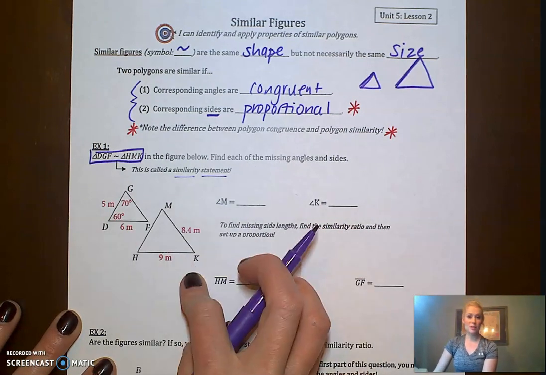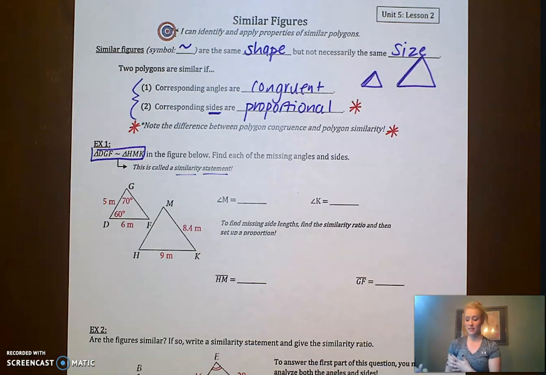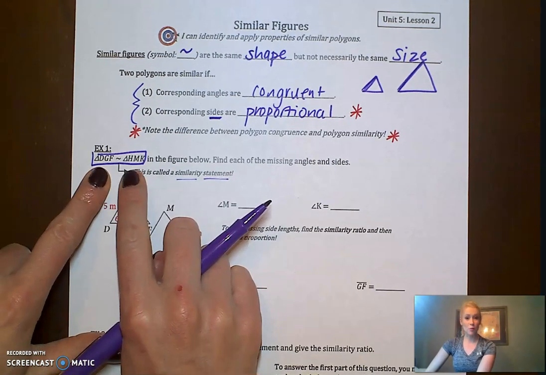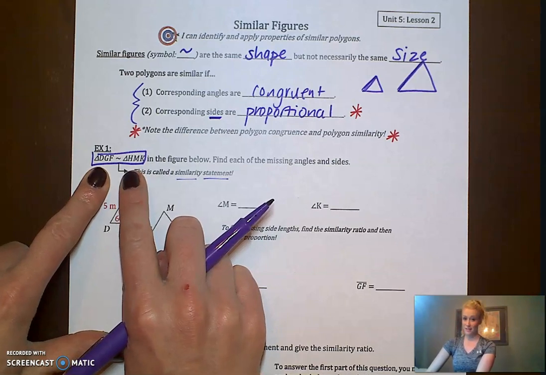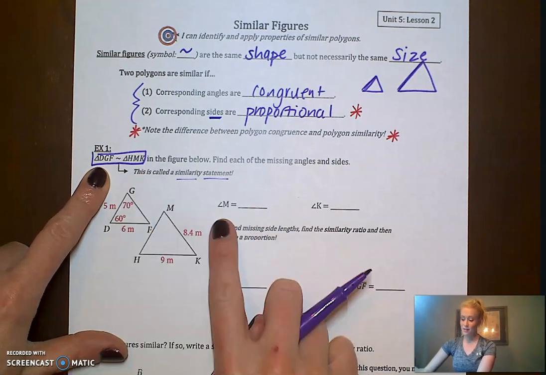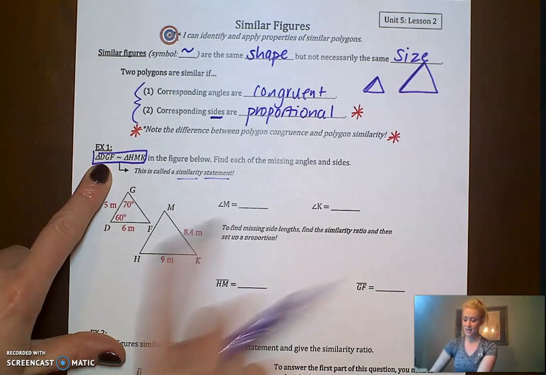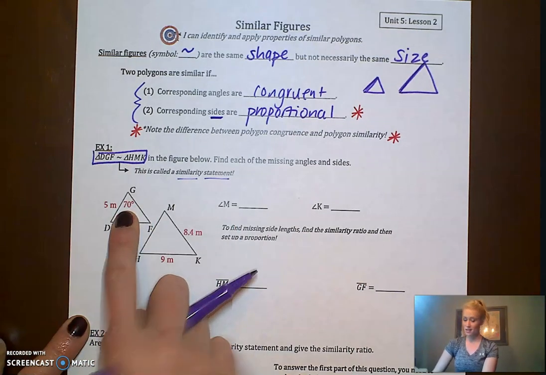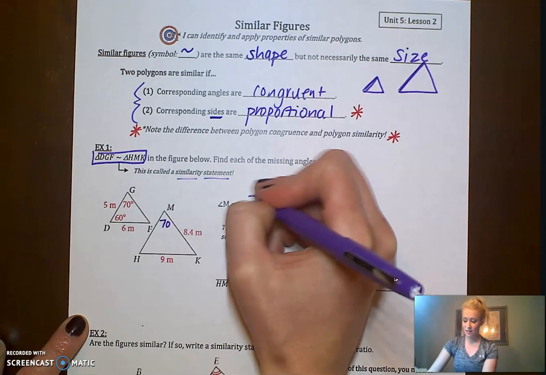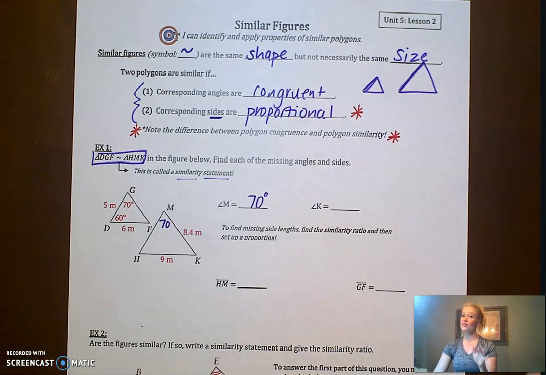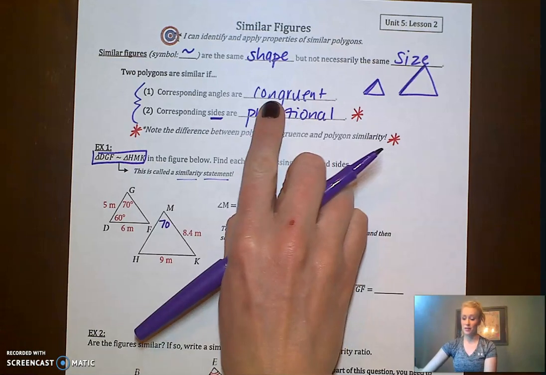Now, the angles that go together should be equal to one another. And guys, the order of the letters tells you what goes together, just like it did last unit. So angle M, that's the middle letter, should go with angle G in the little triangle. If G is 70, M is 70. Angles, you do not have to think that hard on because they're congruent.